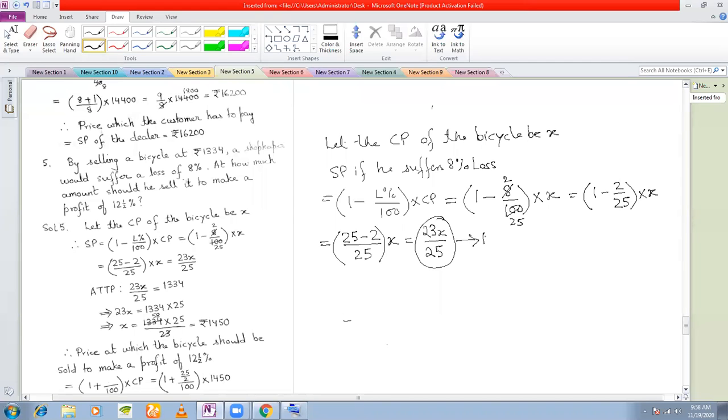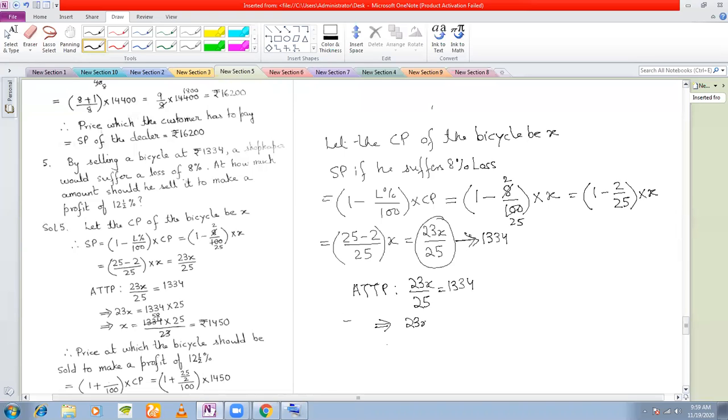This price is given to be 1,334. If he's selling it at 23x by 25, or if he's selling it at 1,334, he's suffering a loss of 8%. So according to this problem, this quantity 23x by 25 must be equal to 1,334. So you find out X from this. That is, you can find out the cost price from this now.